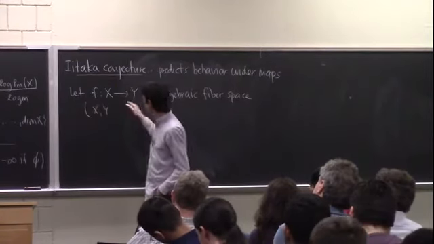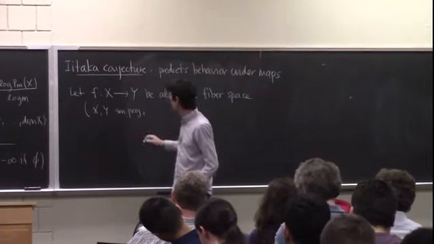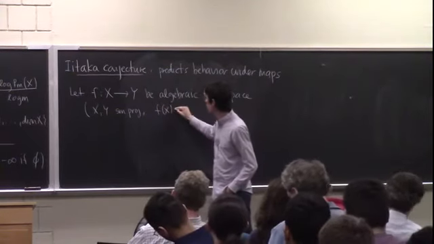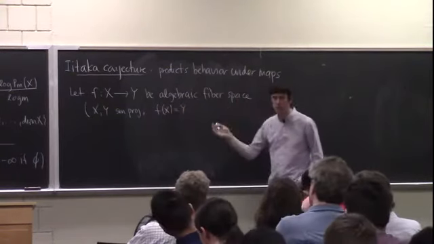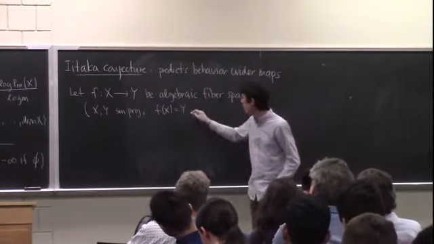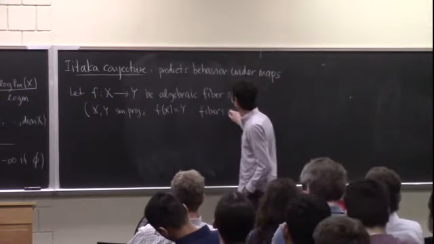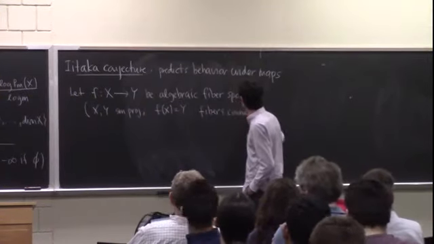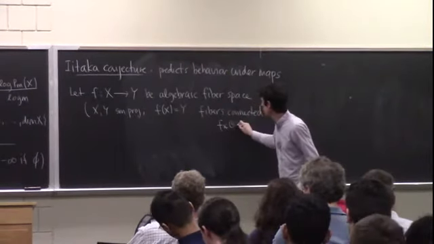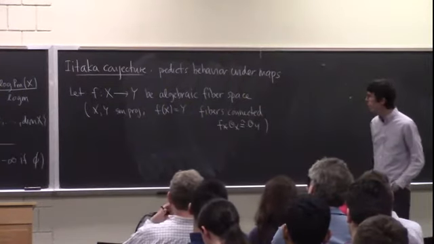By algebraic fiber space, I will mean that X and Y are smooth projective, the map is surjective, so that the base really parameterizes things and not a subset of the base, and then I want all the fibers to be connected. So it's a nice family of connected fibers. Algebraically, I would say connected fibers by saying that the pushforward of the structure sheaf is the structure sheaf.